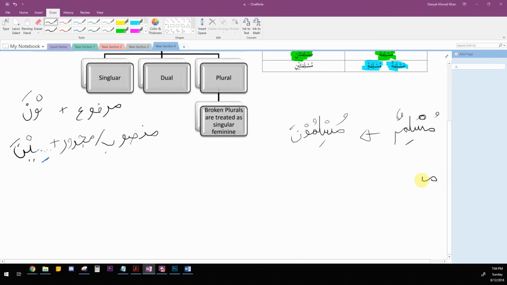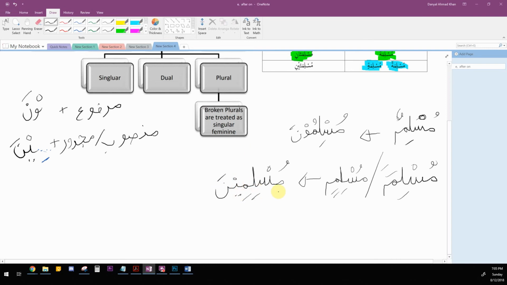If you have musliman or muslimin, this looks like muslimina. Okay, very straightforward. So let's review a little bit.